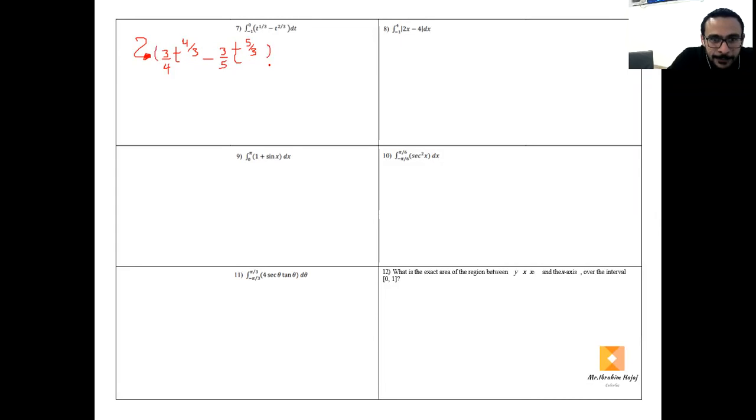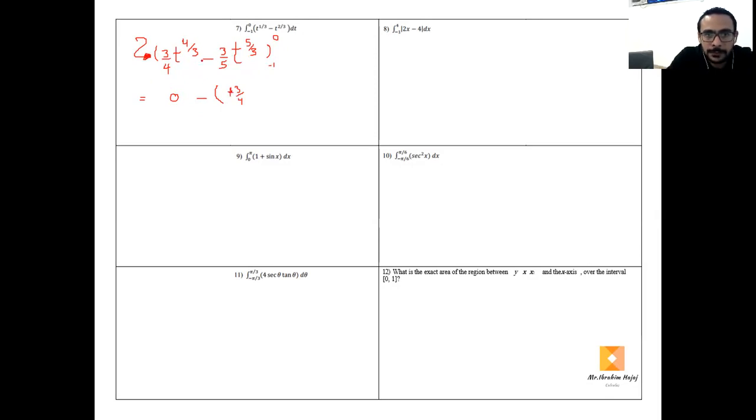Okay, from negative 1 to 0. Substituting here, negative 1. When substituting 0 it gives 0, right? Minus. Substituting negative 1, the first one will be negative 3 over 4 or positive? Positive.